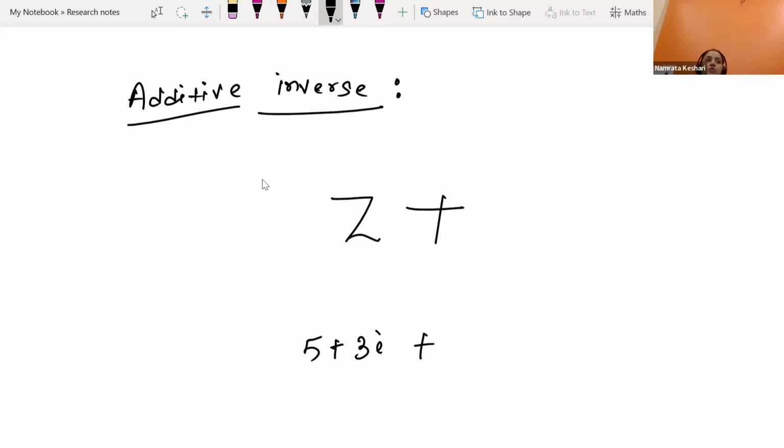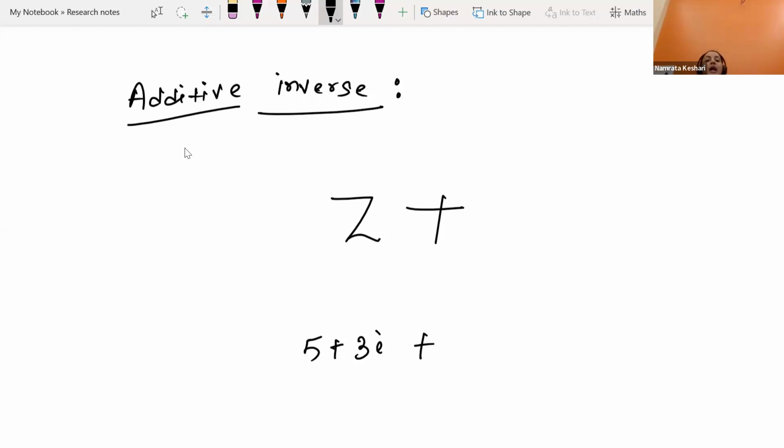When I ask you what is the inverse of the fraction 1 by 5, you will say 5 by 1, right? Yes or no? Inverse, reciprocal, these are terminologies which somehow indicate opposite. So here we are talking about additive inverse.